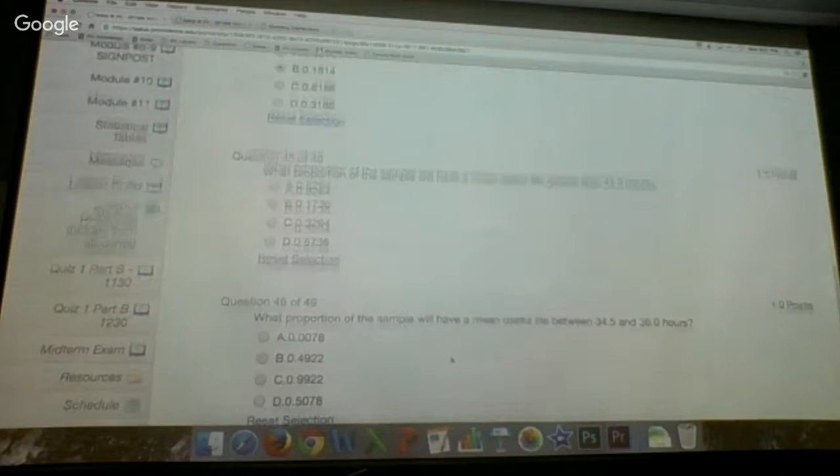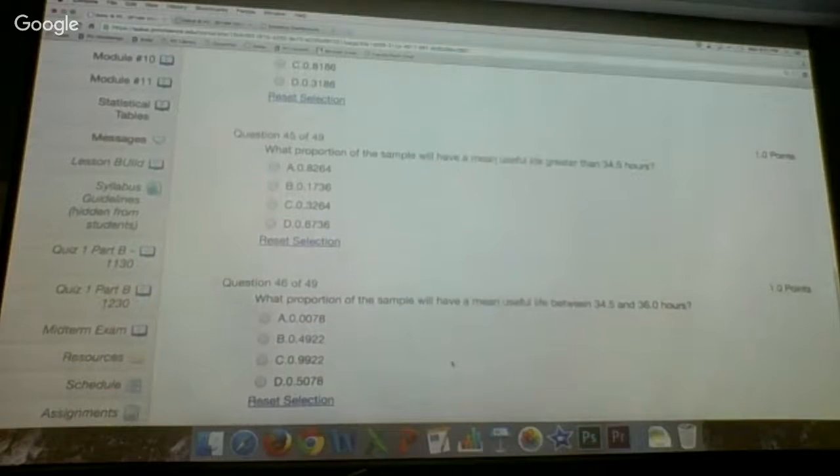We got 45 and 46 to do here. We got to get a sample mean with a mean useful life greater than 34.5. Ooh, that's an ugly vertical line. And then for 46, we have to get between these two.